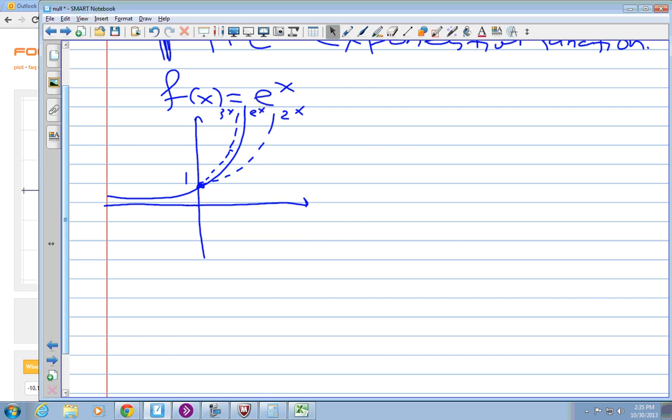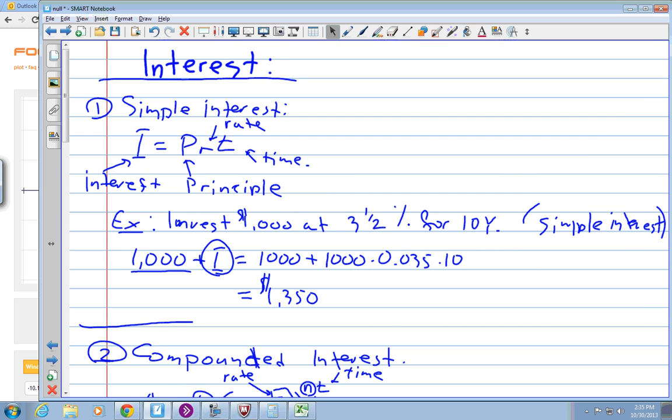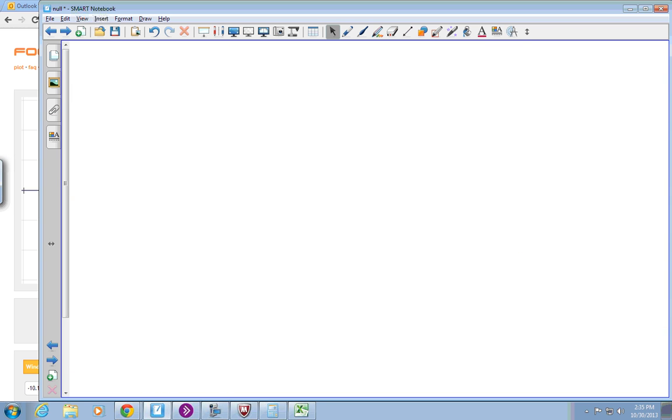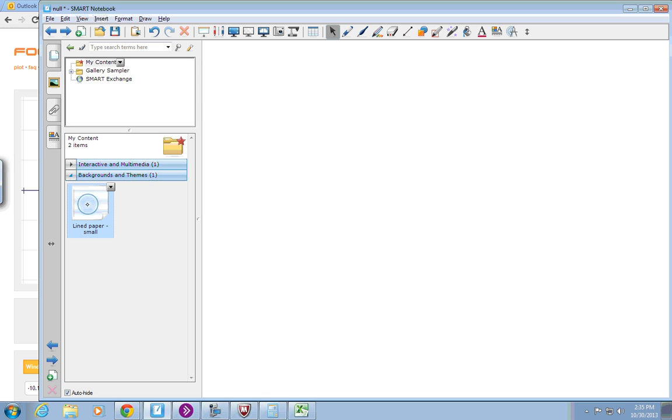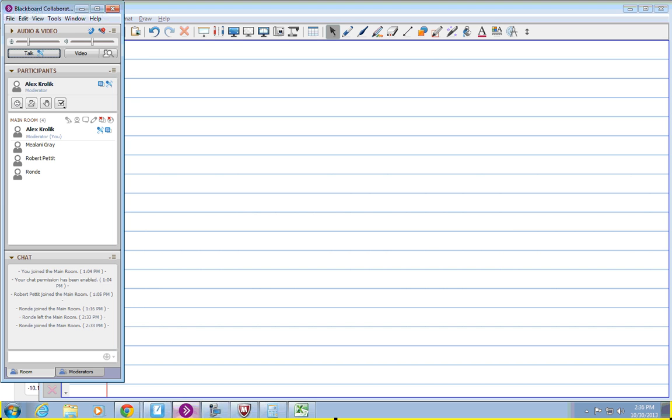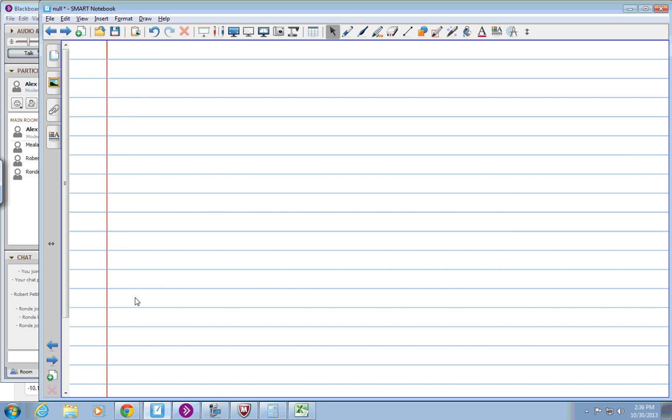We will use this number later, but for example, as far as interest goes, there is a formula for interest compounded continuously.